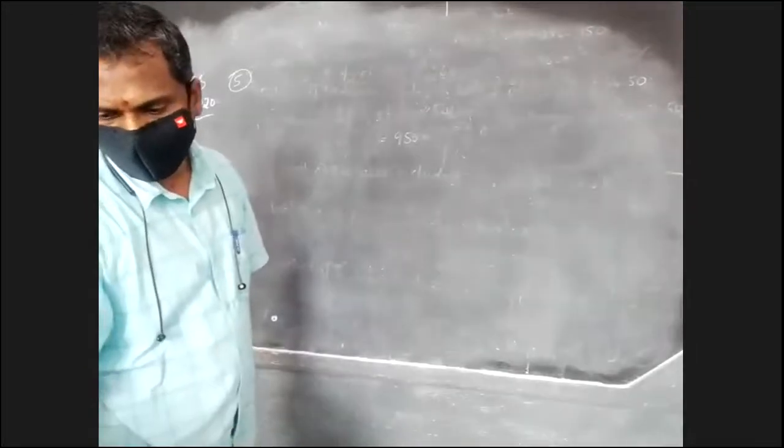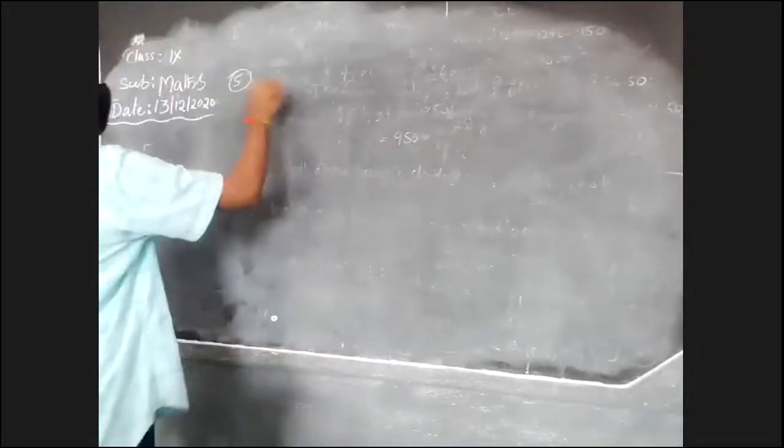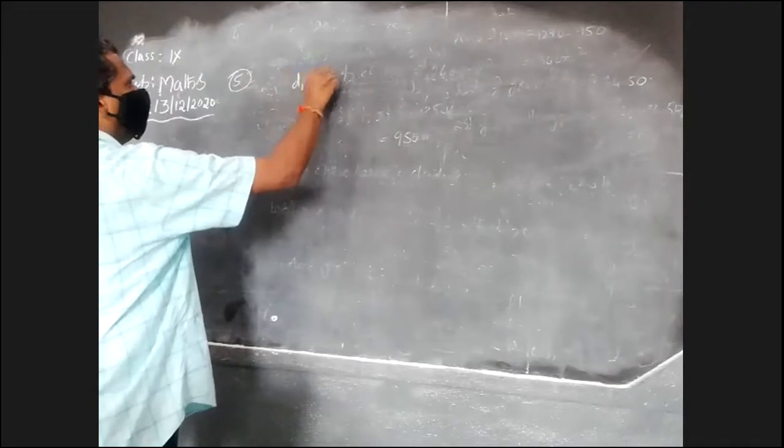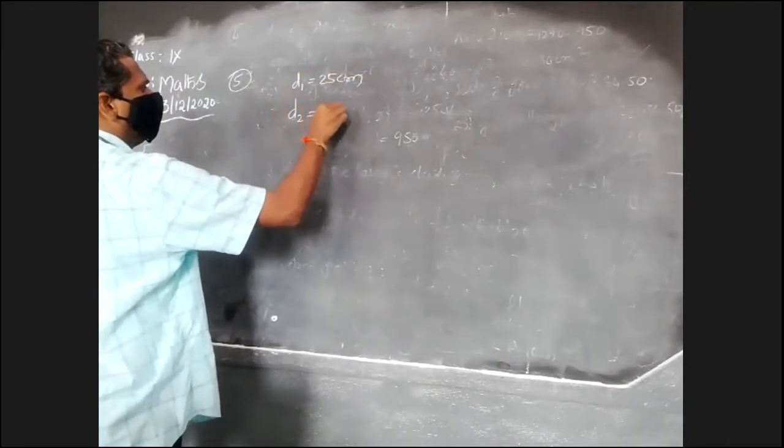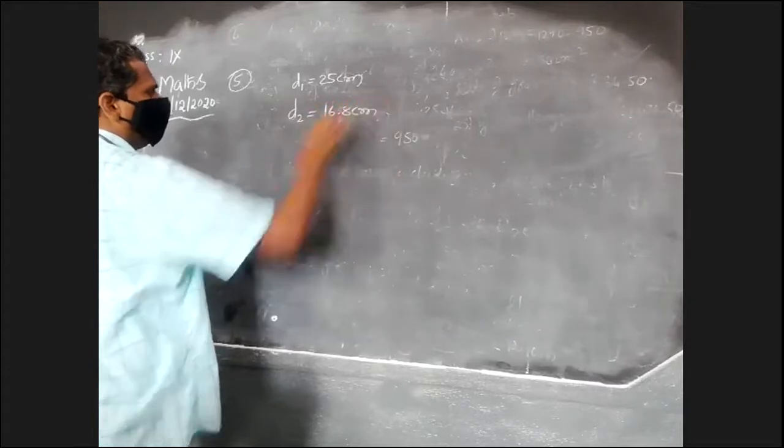So the diagonals are given, that is D1 is 25 centimeters and D2 is 16.8 centimeters.